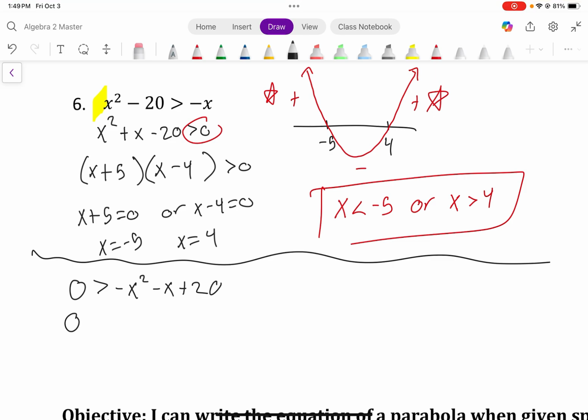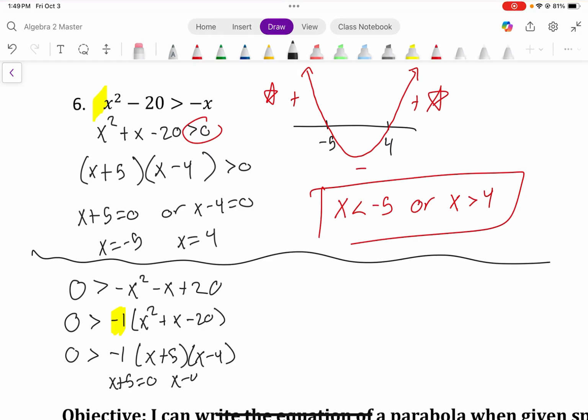Then I would probably factor out a negative 1 to get to the exact same starting point as we just had. But because I factored out this negative 1, my a value is different. My factoring process didn't really change. I would still have x plus 5 equals 0, x minus 4 equals 0.